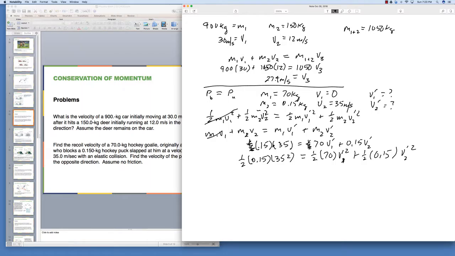So if you take this one and solve it, this is 5.25 is equal to 70 V1 prime plus 0.15 V2 prime, so that V2 prime equals 5.25 minus 70 V1 prime over 0.15, and you can take that and put it right there and then solve this one, and that's a little bit more complicated.